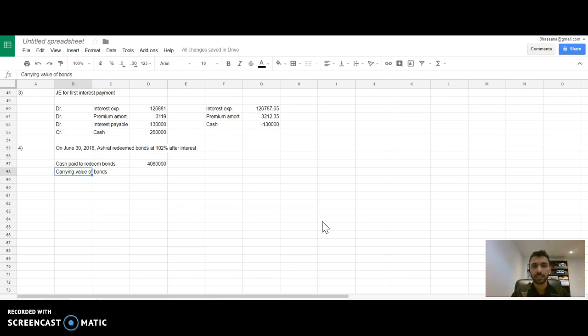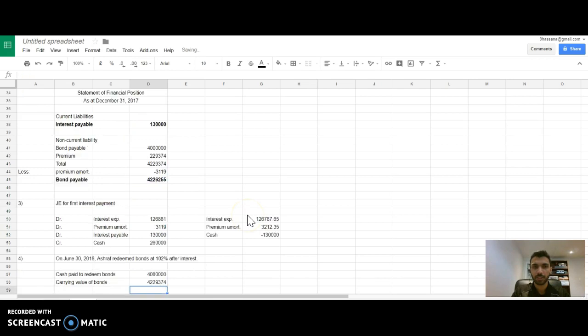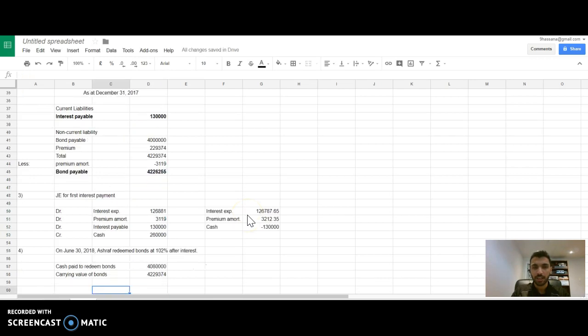When you sell an asset, you need to see what the value of the asset is after amortization. So you know from when you did part 1 of the question, and we're going to scroll all the way to the top, part 1 of the question, we calculated the original price of the bond as 4,222.9374. Right? So this was the original amount we calculated.